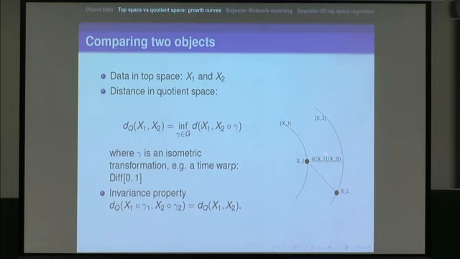So the distance in the quotient space is the smallest distance after I've warped one of them to the other, and I want an invariance property that if I warp either of them, I want to have the same distance between them. And usually the geometry of models are simpler in this top space rather than the quotient space.